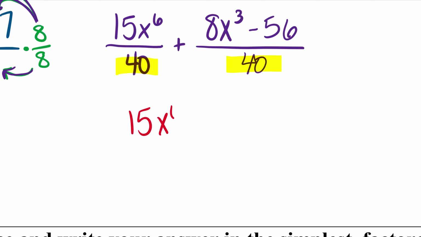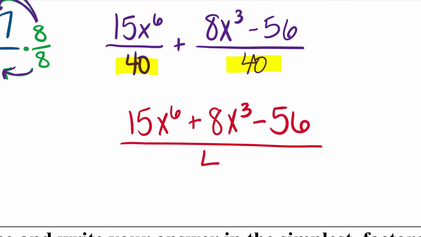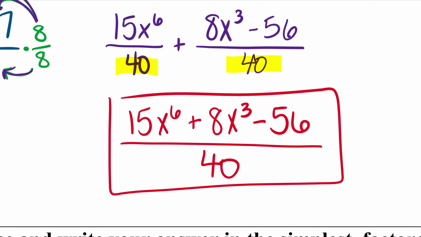So I do 15x to the 6th plus 8x to the third minus 56, all over 40. And that's it. If I had like terms, if my x's were the same number, I could add those numbers together, if they were both x to the 6th or both x to the third. Because they're not, I have to leave them separate.